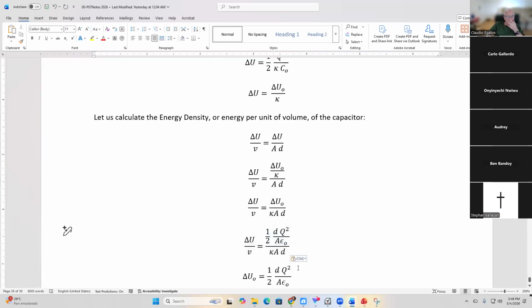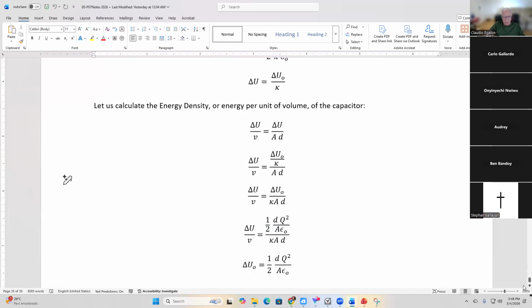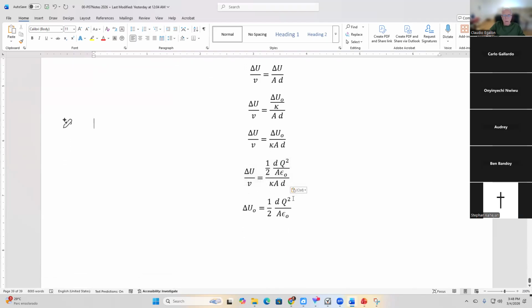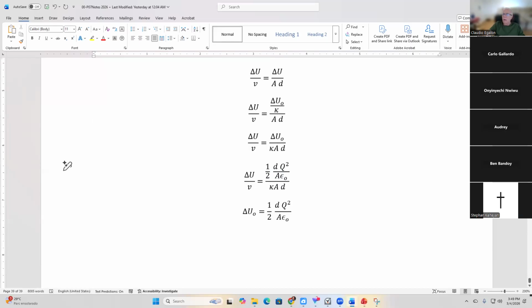The D, let's see if I did something incorrectly. Let's do it a different way. This one's going to become too complicated. D cancels. Yeah, let's do it in a different way.